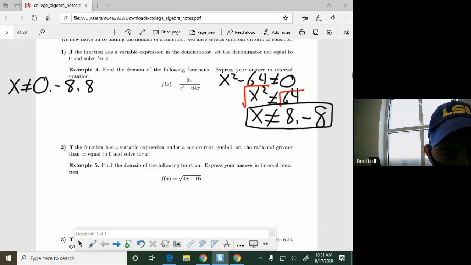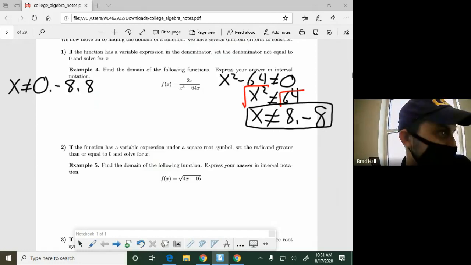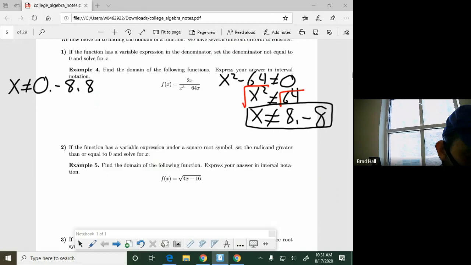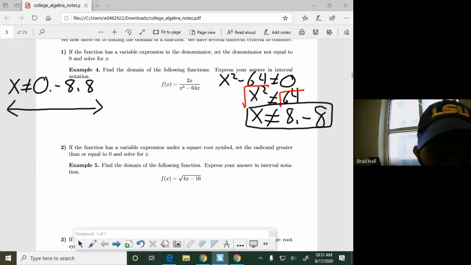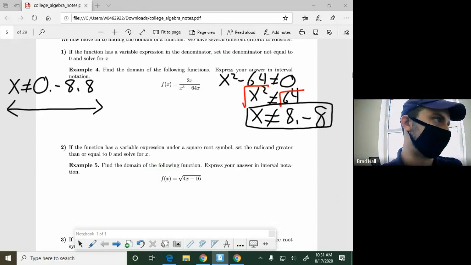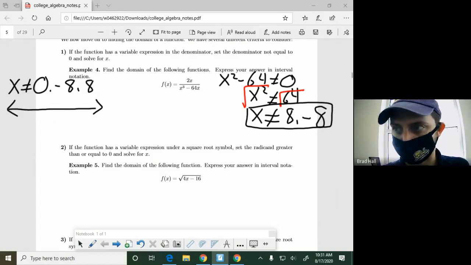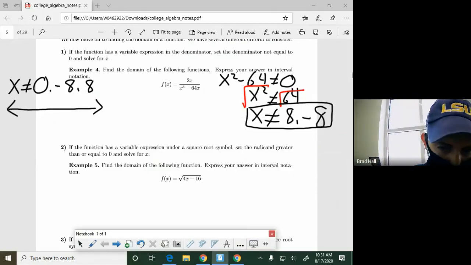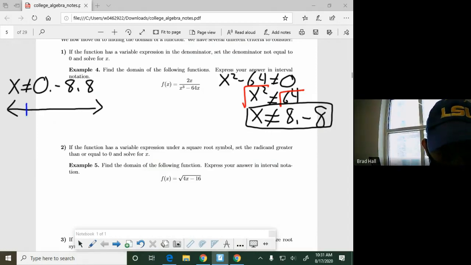So this is an inequality. I'm going to draw a number line. Number lines are normally really helpful when constructing interval notation. That's why I'm doing it here. And what are the three numbers in question? Let's see, -8.